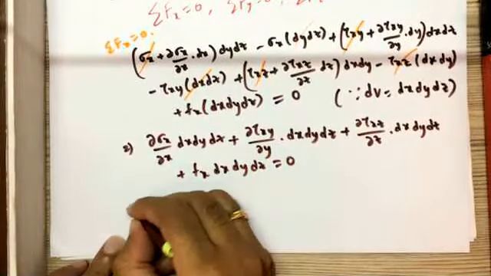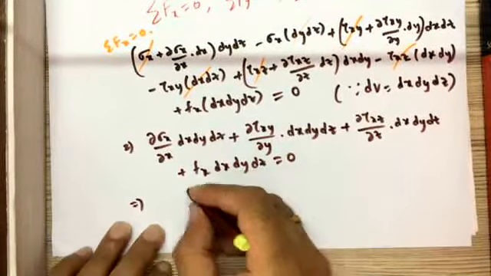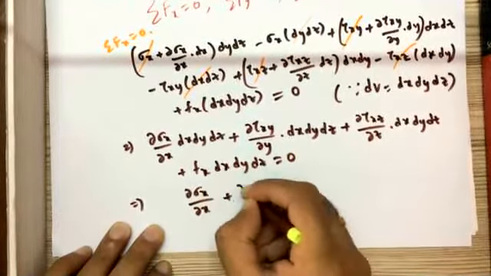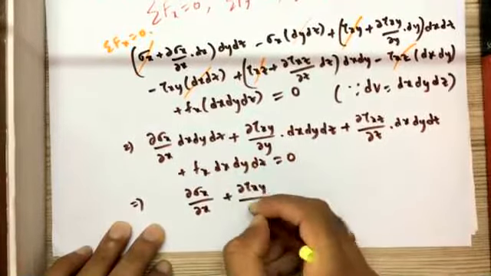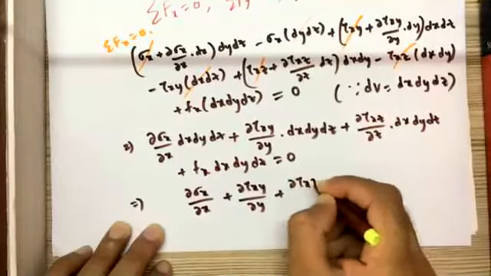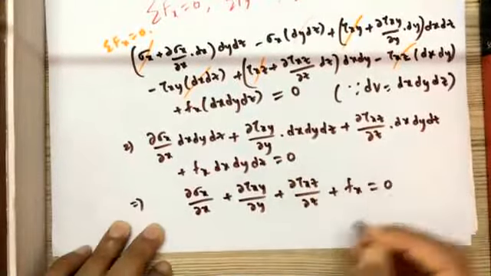Now if I divide both sides by dx dy dz, what will I get? ∂σx/∂x plus ∂τxy/∂y plus ∂τxz/∂z plus fx is equal to 0.